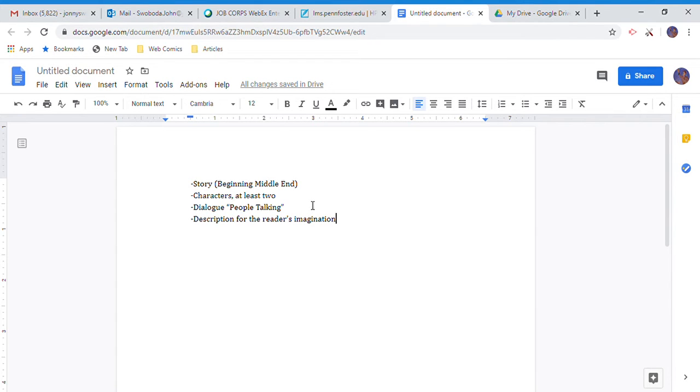Okay, and let's look at the elements of the story. The story has to be about a mistake, or mistakes, being made. You want the main character to suffer consequences.